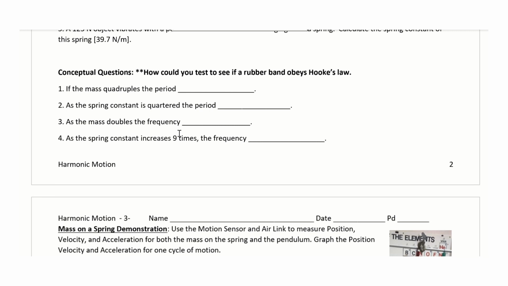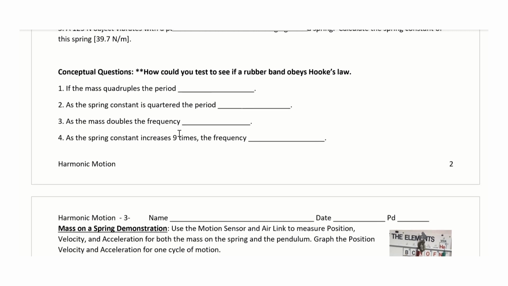So let's take a look at our conceptual questions. If the mass quadruples, the period does what? So as you can see, we are back to the rule of ones. So what happens to period? So let's write down the period equation.